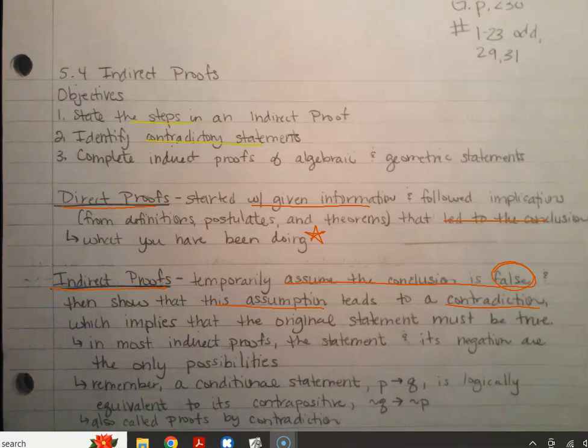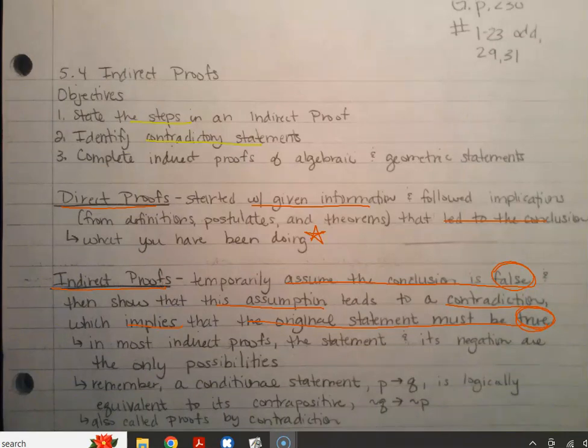When we have that contradiction, this implies that the original statement must be true. So it's kind of bizarre for this indirect proof. We assume the conclusion is false, show that that's actually a contradiction, and therefore the original statement is true.